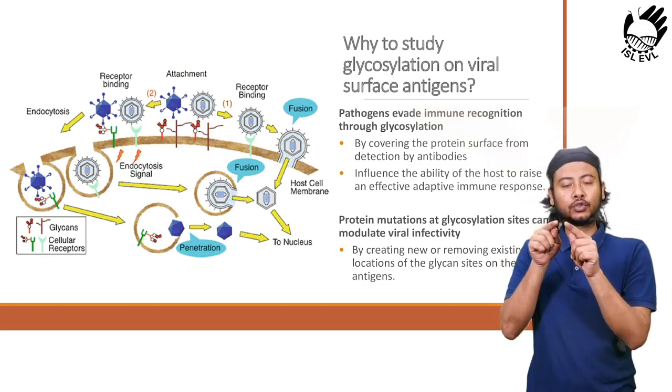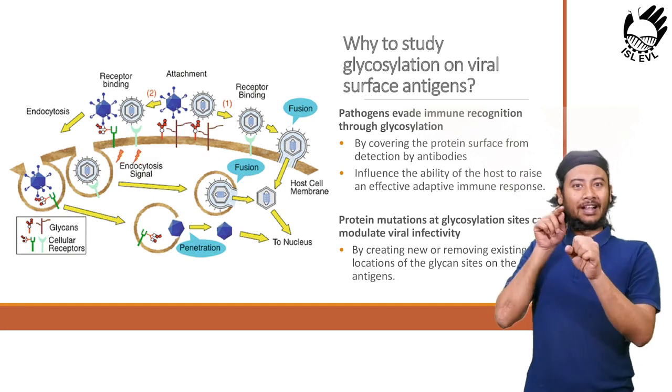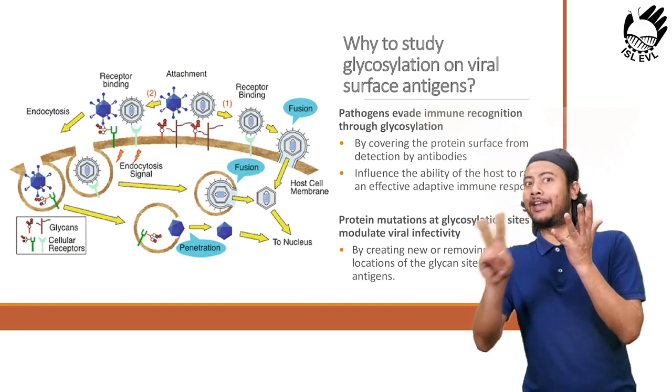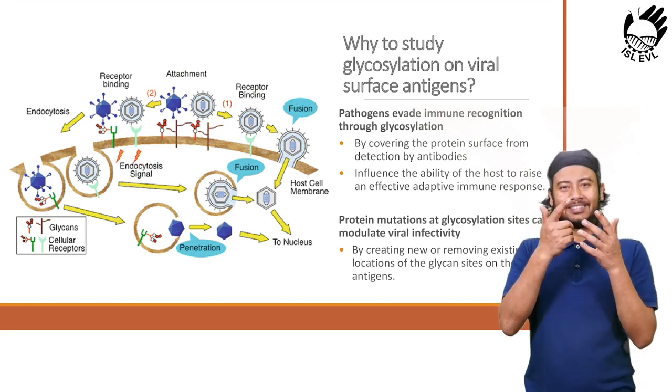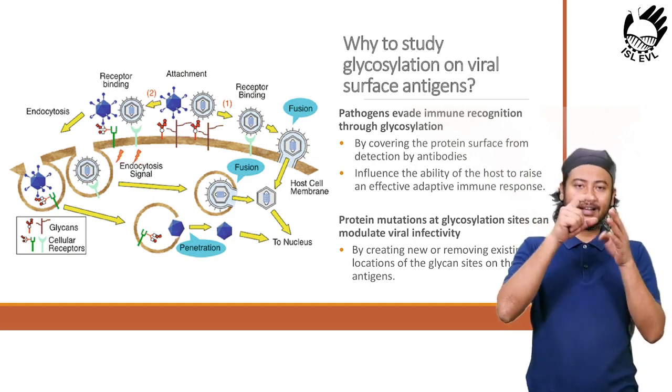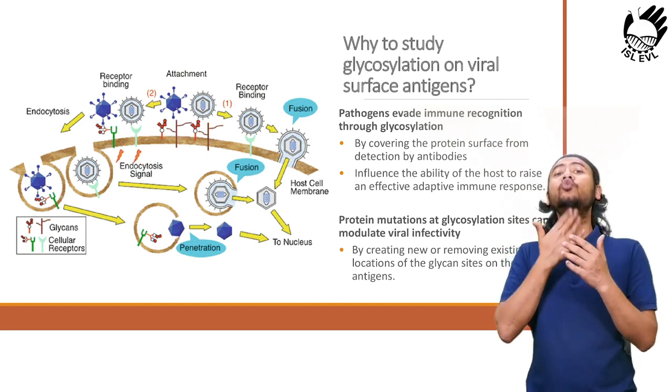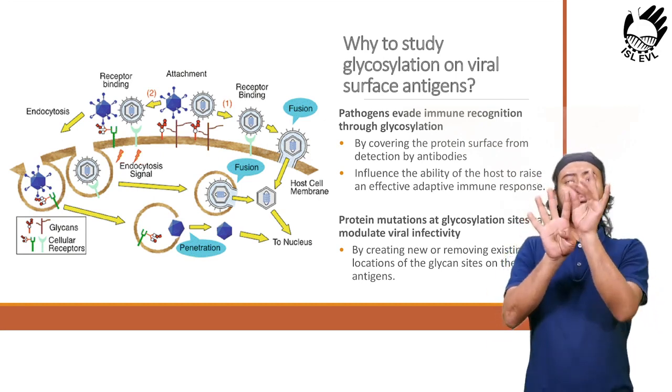But interestingly, all the five earlier variants other than Omicron had similar or almost the same glycosylation sites. There was no variation in the glycosylation site. Only in the case of the Omicron variant did the variation happen.